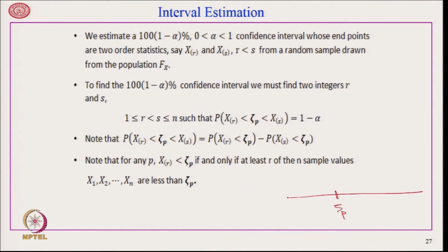But perhaps most of you will say that based on one sample, how can we say that this is the actual pth quantile, which is very obvious. Therefore, what we try to do is build a confidence interval around the point that we have calculated, such that we can be confident enough that zeta p will lie within this interval.